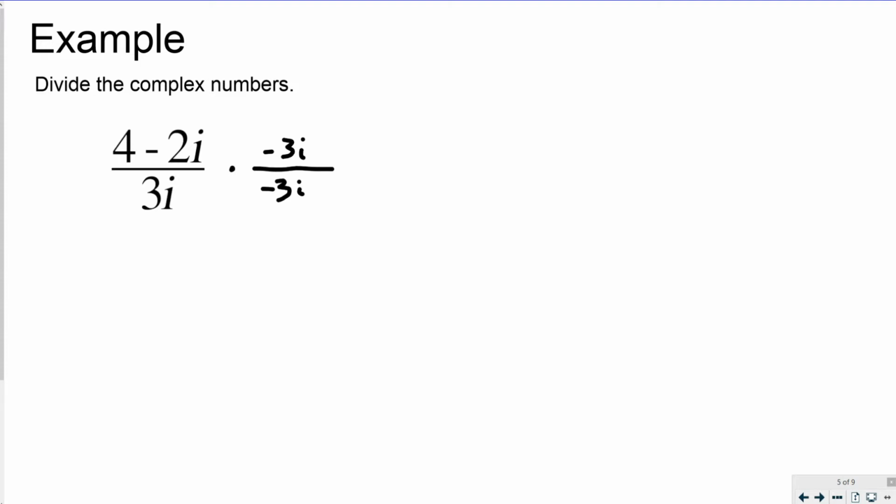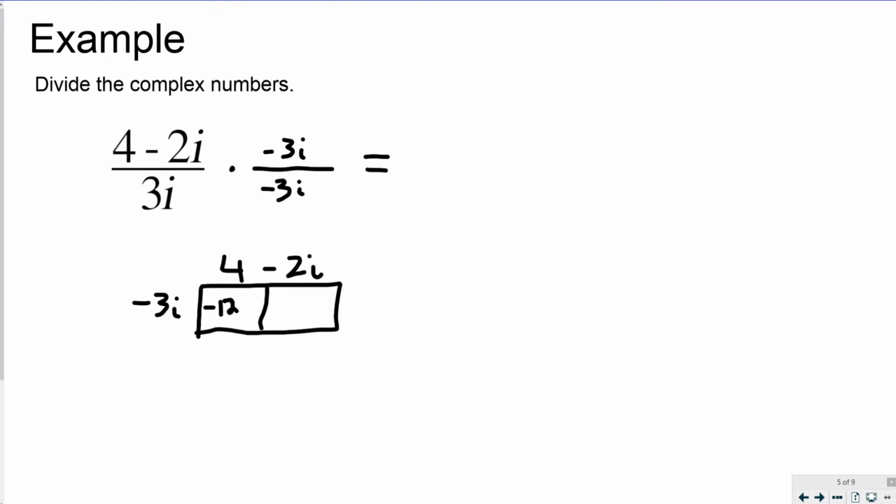So, when we do that, on the top, we are going to use a box real quick. I'm going to do my work down here, a 1 by 2 box of negative 3i. And on the top, I have 4 minus 2i. So here I get negative 12i.